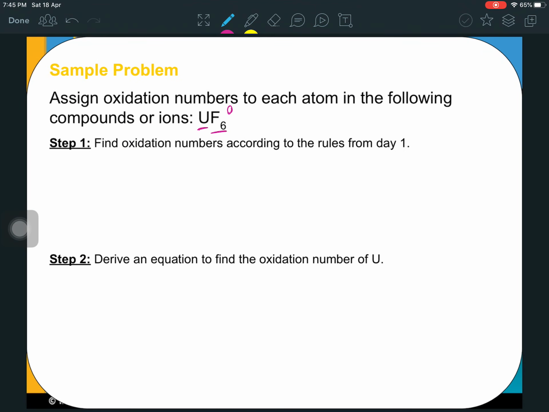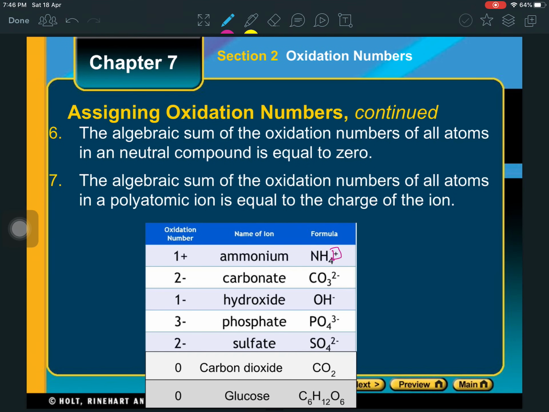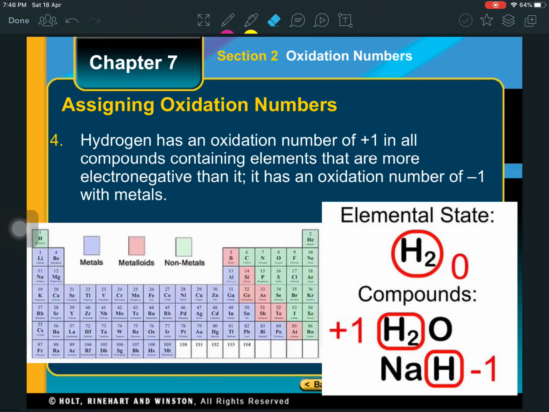The overall charge of this compound is 0, so the overall oxidation number equals 0, right? Okay, and then let's go ahead and look through the rules and see if there's anything that will help us.